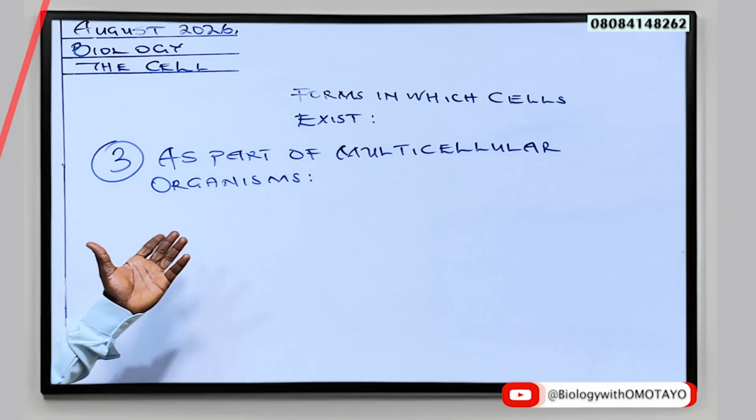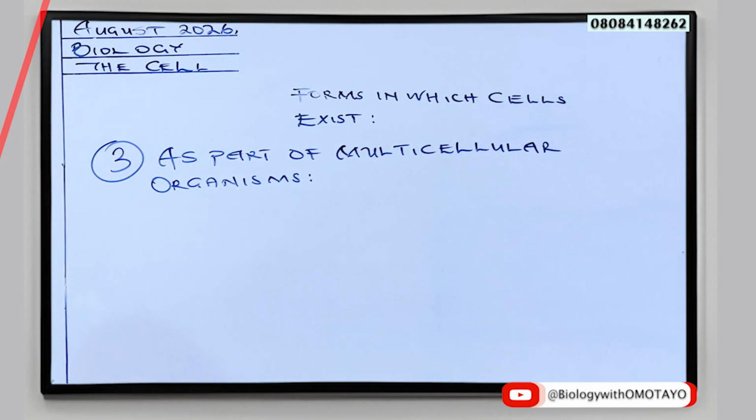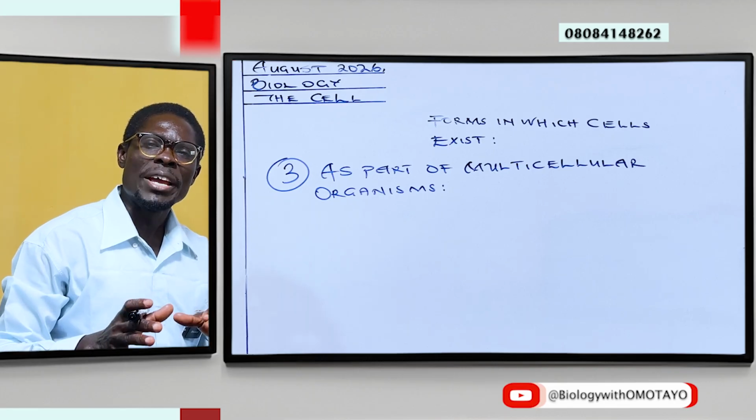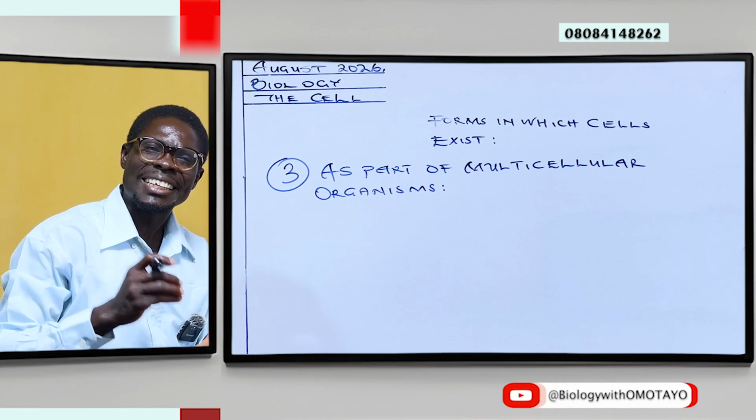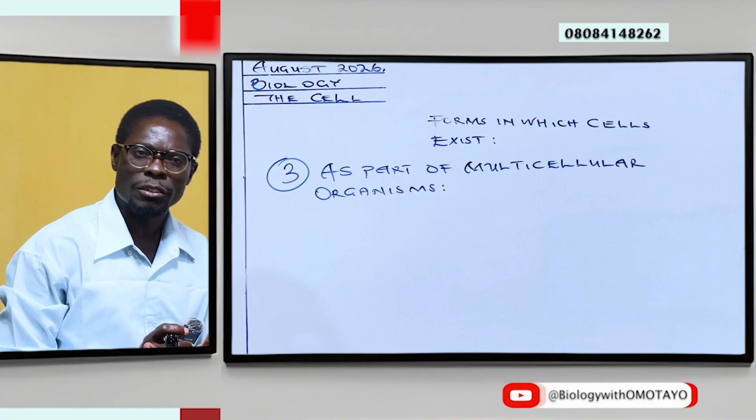Now, as you can see, the third point is cells existing as part of an organism, as part of a multicellular organism. In this case, when cells exist as a component of an organism, usually they are always a group of interdependent cells.